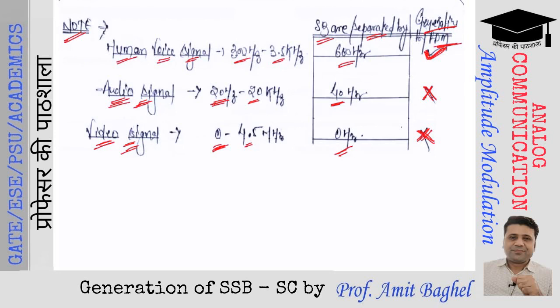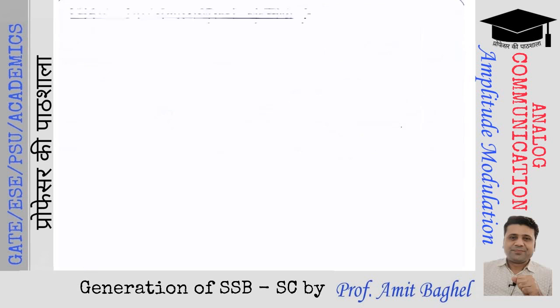If the frequency discrimination method is not suitable for these kinds of message signals, what other techniques do we have for modulation? So the second modulation technique that we are going to discuss is the phase discrimination method.